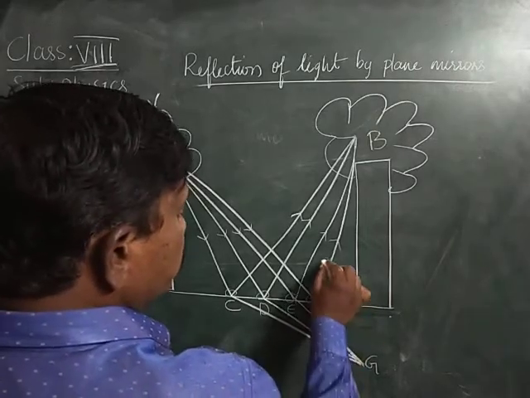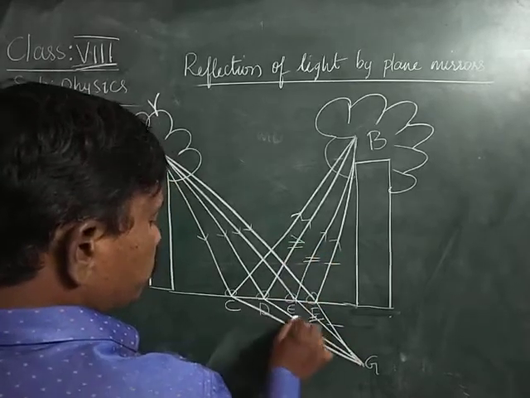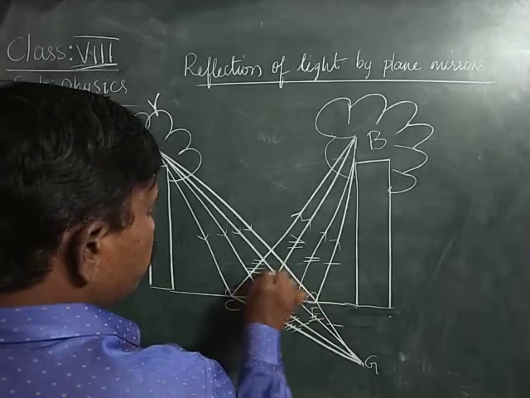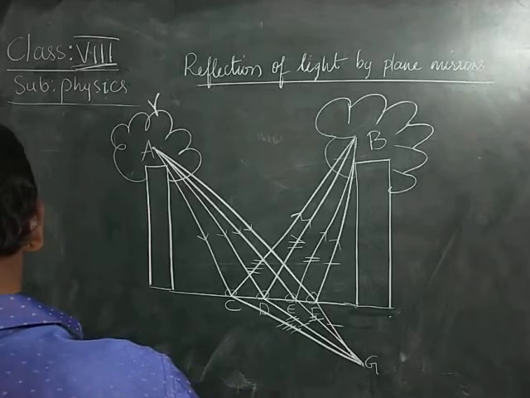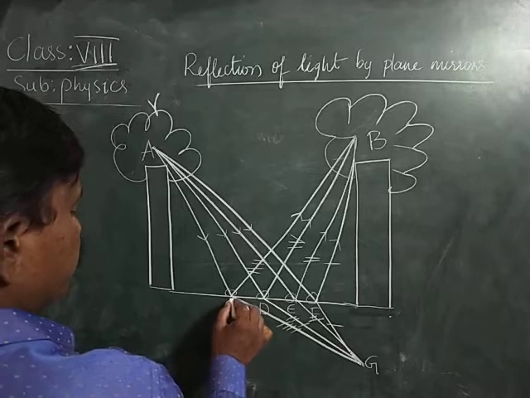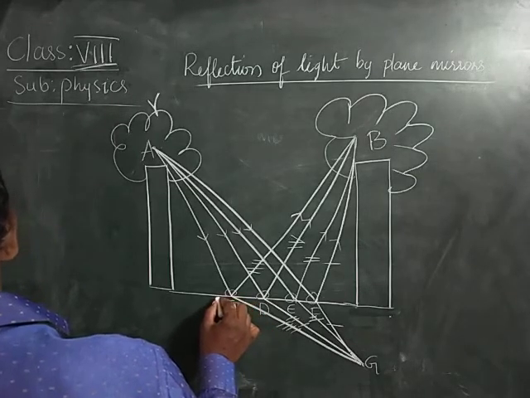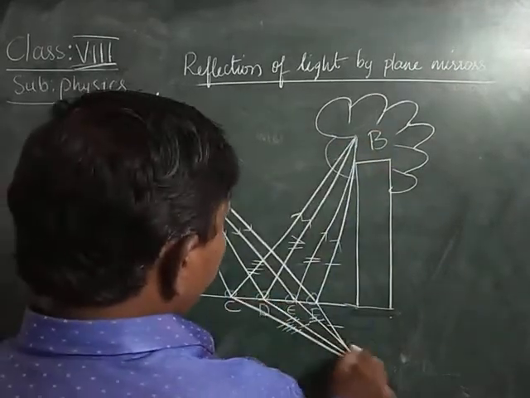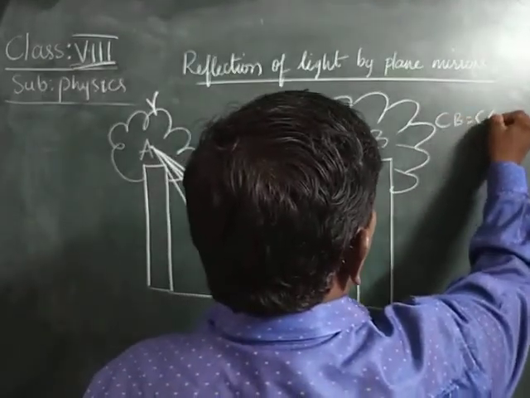These two are equal. Here we can see that in the figure CB is equal to CG.